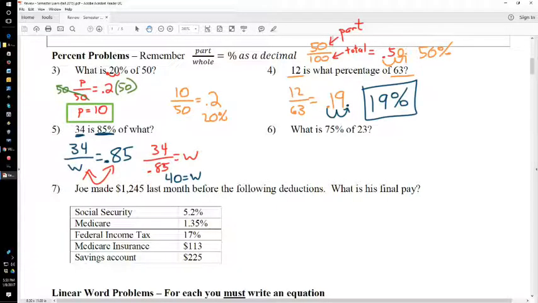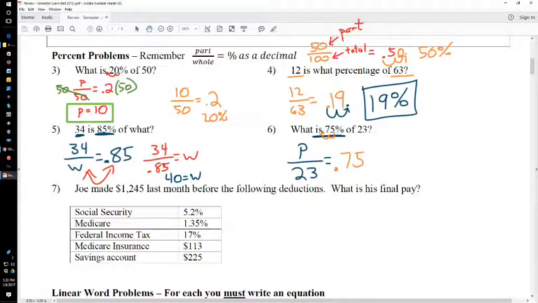What is 75% of 23? So they want to find the part. 23 would be your whole. 75%, remember, move the decimal point twice, once, twice. So 0.75.